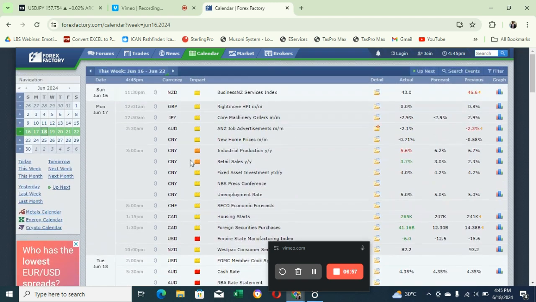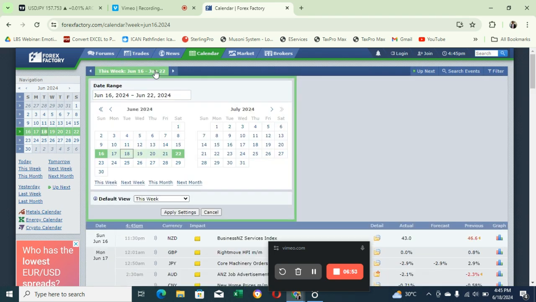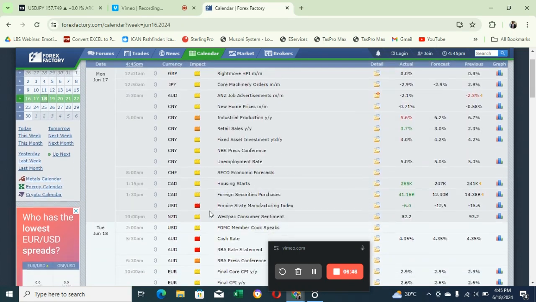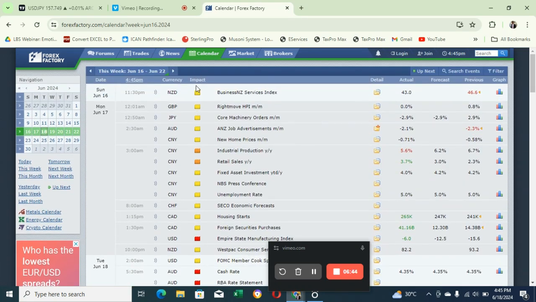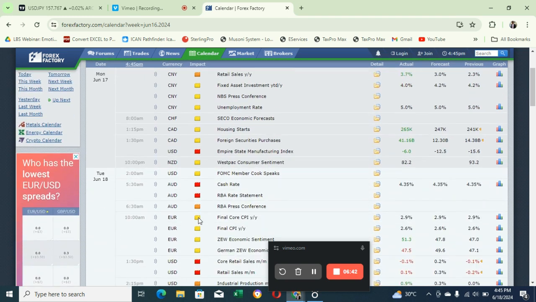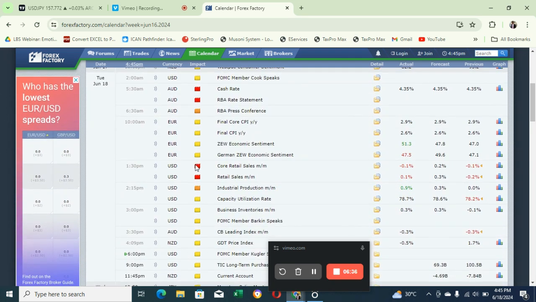Take for instance this particular trade now, we can see that we have high impact news coming this week. We have this, and we have another one, this.